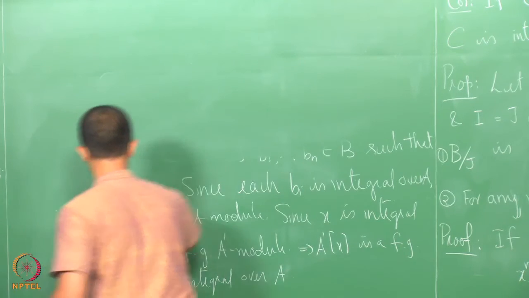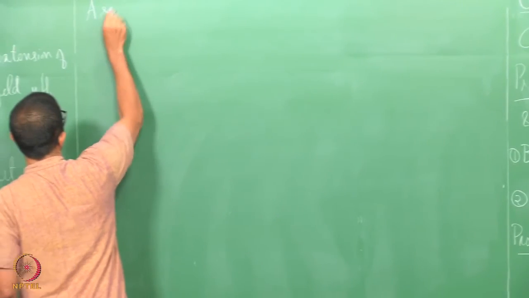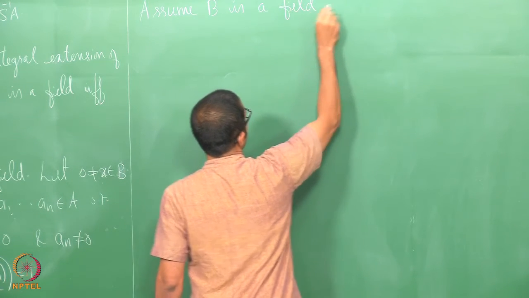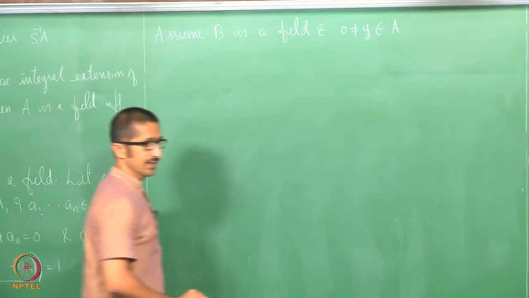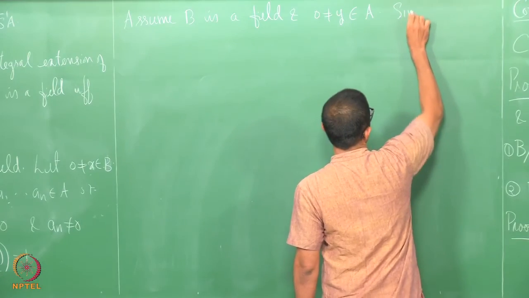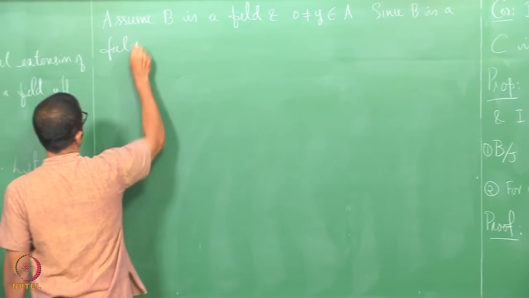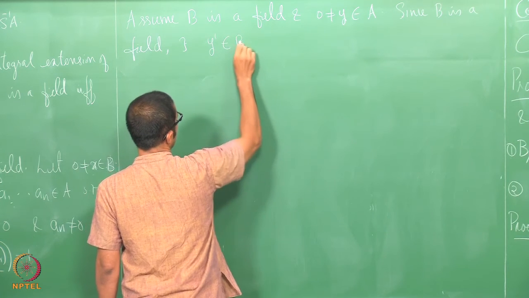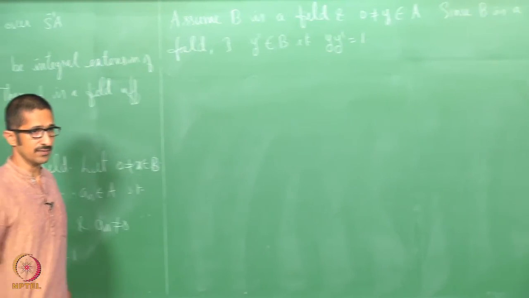Conversely, assume that B is a field and start with a non-zero element y in A. Now, A is contained in B, B is a field, therefore there exists y prime in B such that y times y prime is 1.